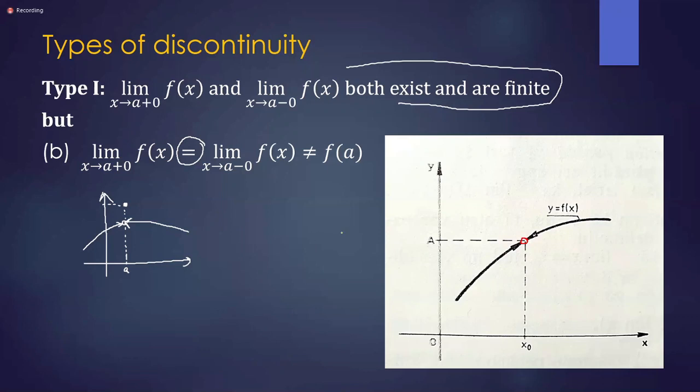However, the function value f of x0 in this case is not equal to a. Maybe it's not defined, as in this case. But in the second case, maybe somebody has come and said, okay, for this one special case, I need the function value to be this.